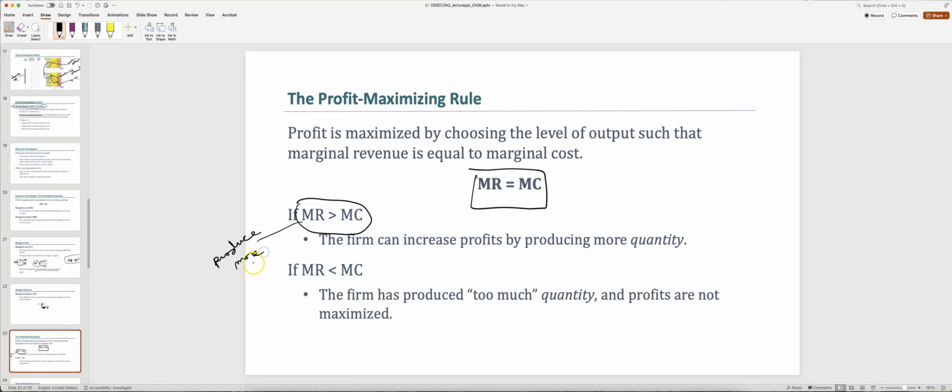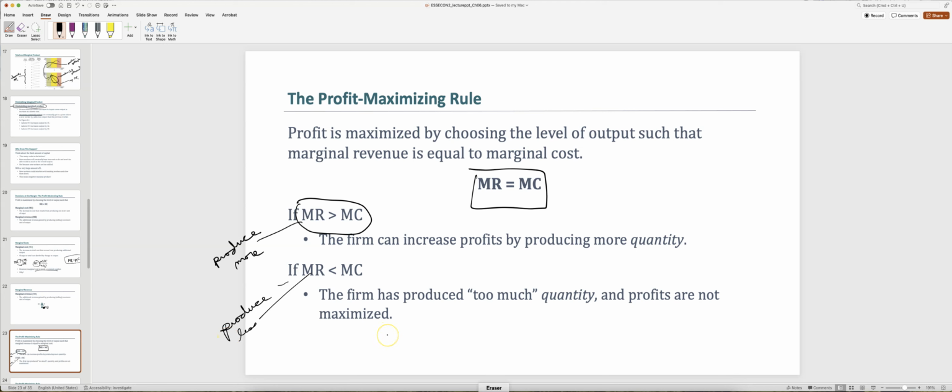Because it's not that they'd be making a profit, it's just that the amount of revenue coming in would be greater. So they would make more. And in this situation, if the revenue being brought in was less than the costs, then they would produce less.